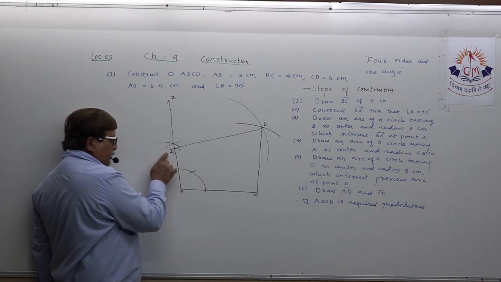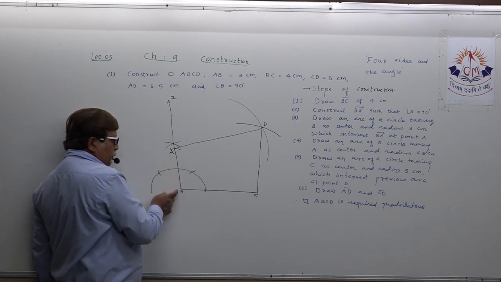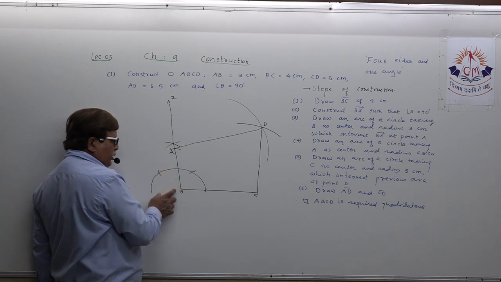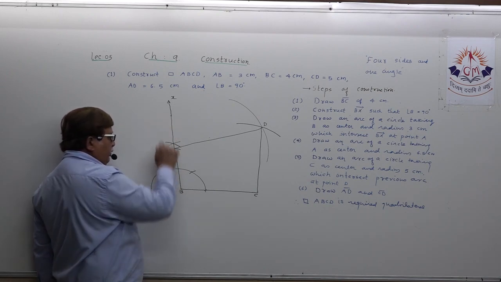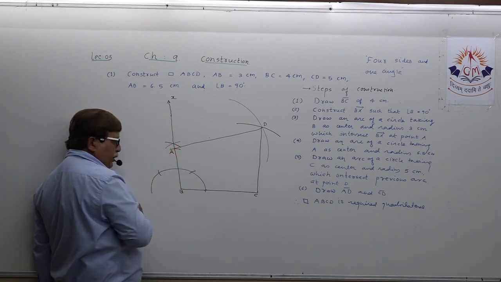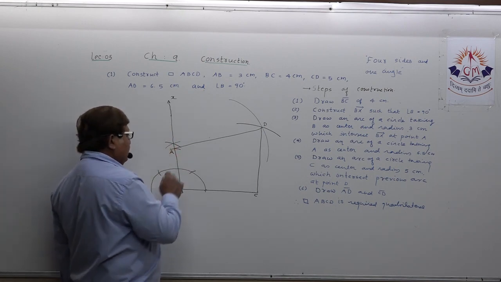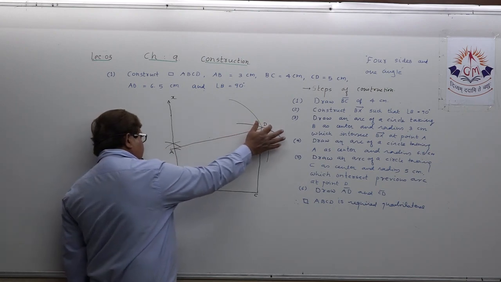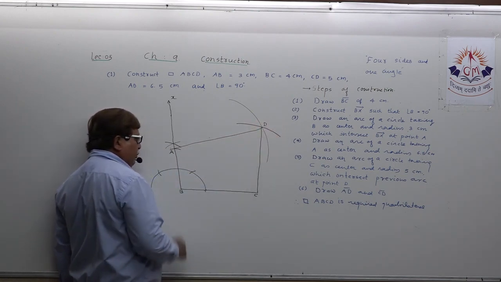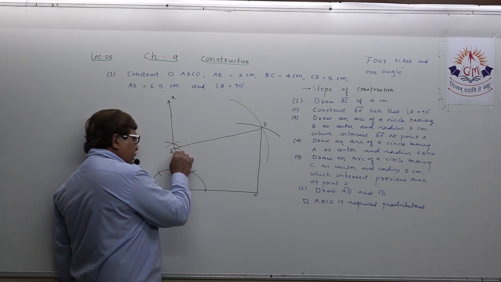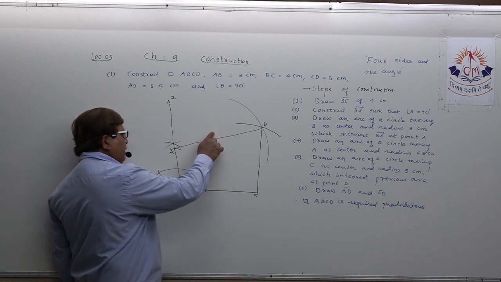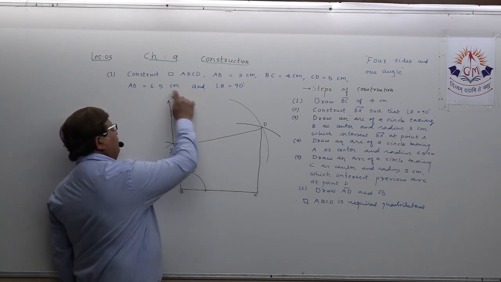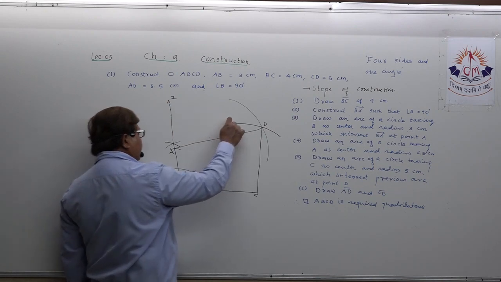Then draw an arc of circle taking B as center and radius 3 centimeter which intersects ray BX at point A. Then, taking A as center, you have drawn an arc of circle taking radius 6.5 centimeter.